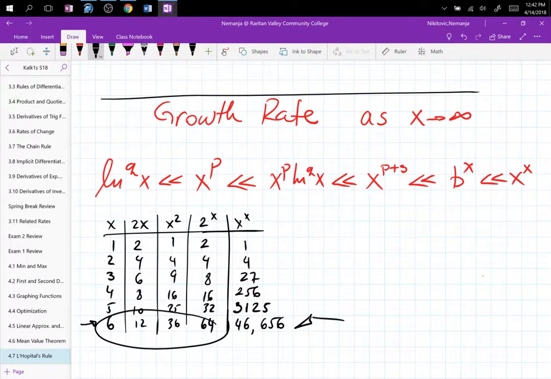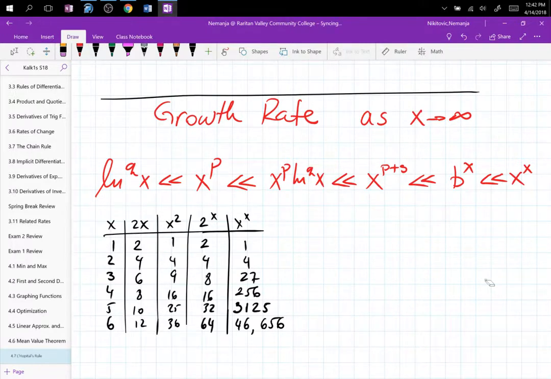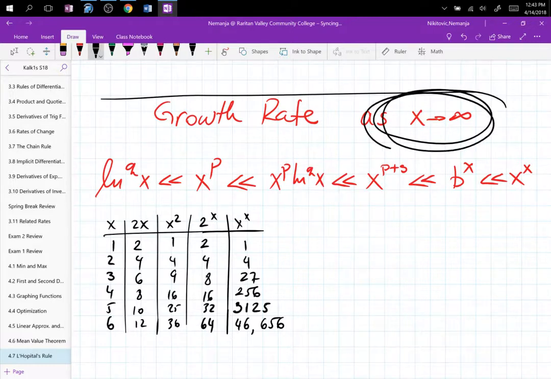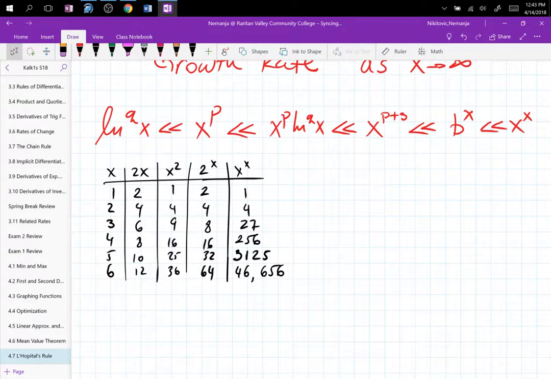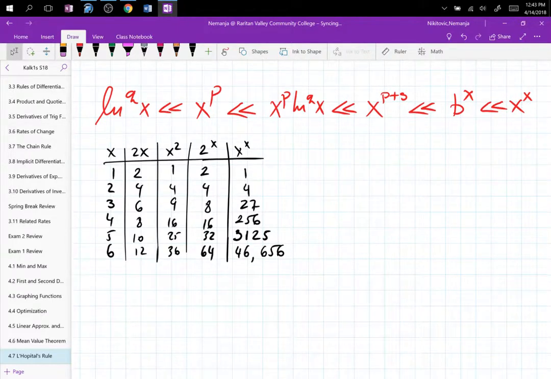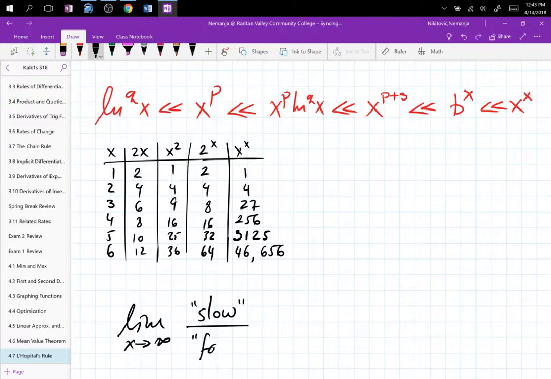So that's the growth rate of functions. Now, why do we want to do this? I sneaked it in here. I didn't talk about it. Technically, this is not mathematical notation, and you haven't seen it here, okay? Not that it's live streamed or anything, but the limit as x goes to infinity of slow over fast is going to be 0.